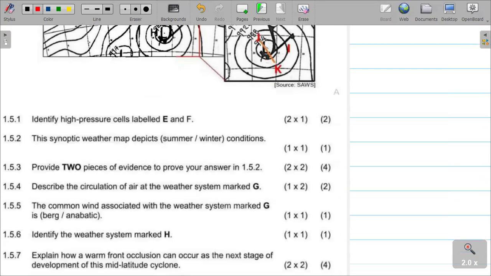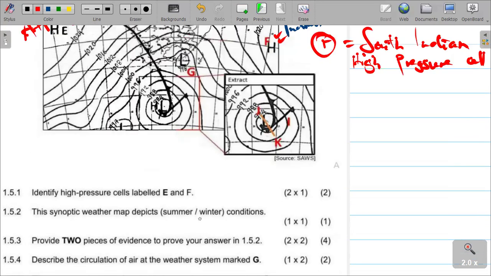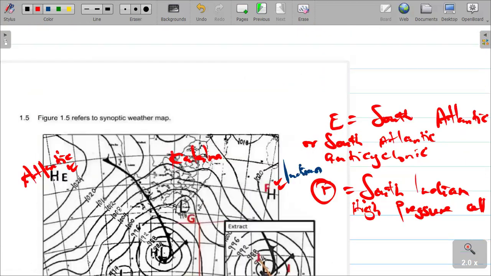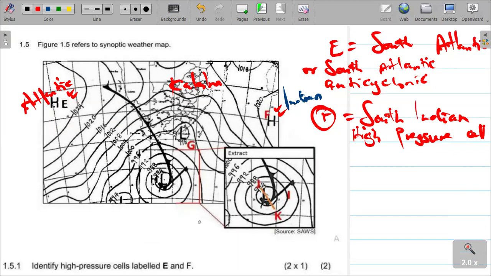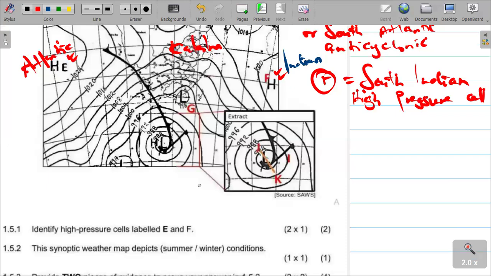And then the synoptic weather map depicts summer or winter conditions. Again, I have given you that we need to be able to tell based on the overcast conditions, the presence of the cold front and so forth, and also air movement.